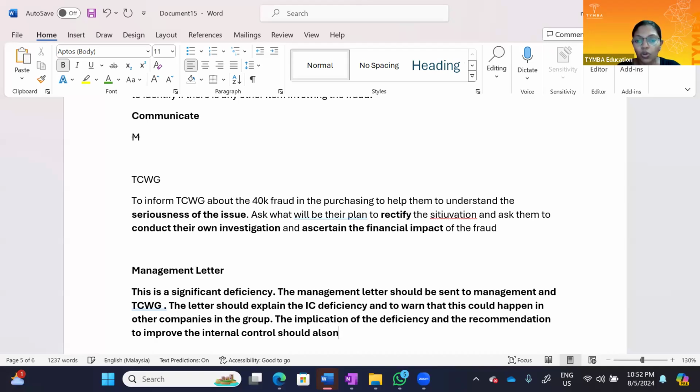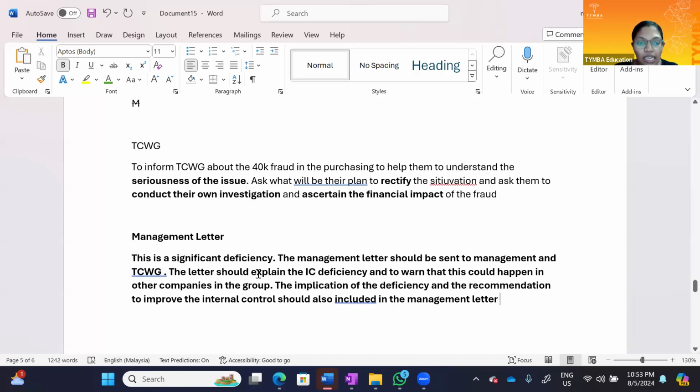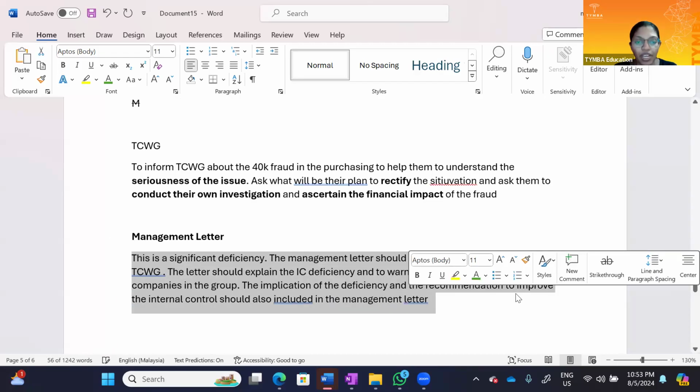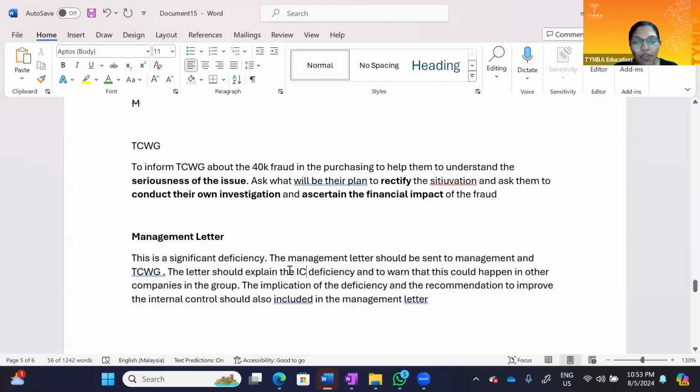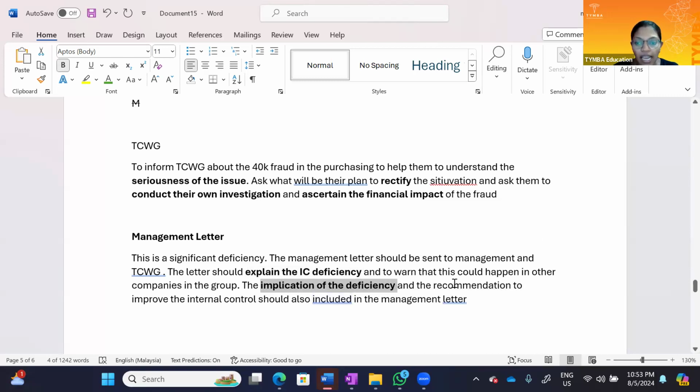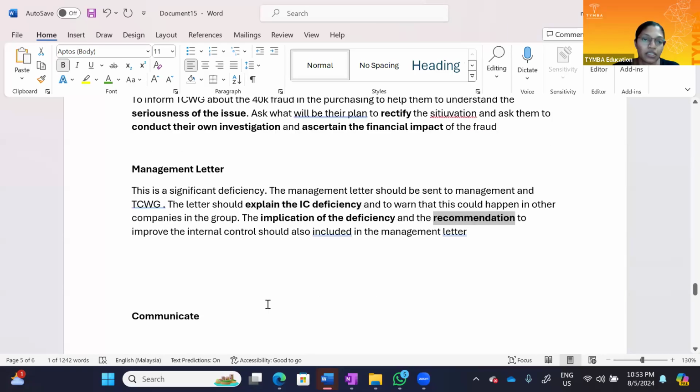This is also a standardized answer for a management letter: explain the internal control deficiency, the implication of the deficiency, and the recommendation. So these are the keywords for the management letter.